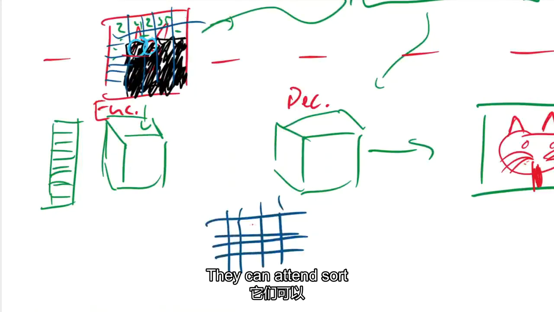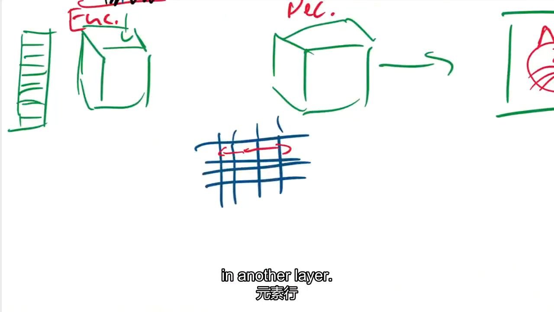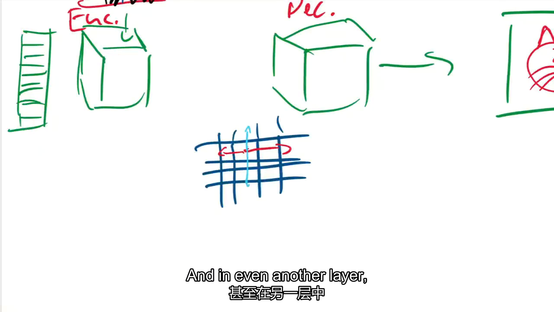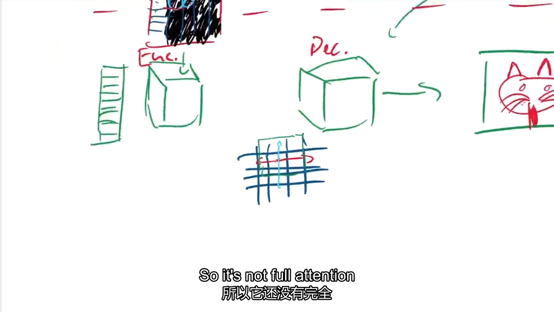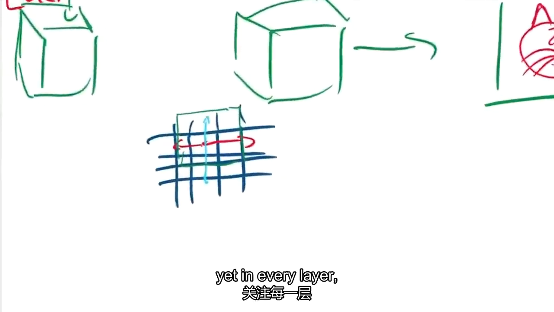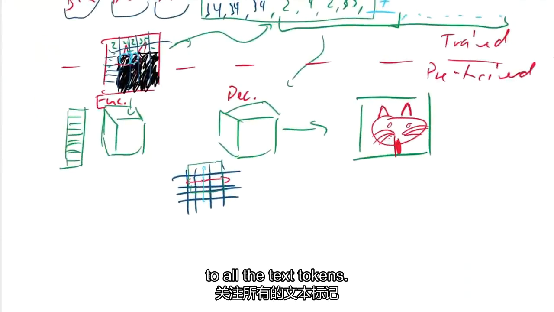In one layer, they can attend to the row of other image elements. In another layer, they can attend to the same column. And in yet another layer, they can attend to the surroundings of them, like a convolution. So they can attend to, let's say, a couple of neighbors right here. So it's not full attention, yet in every layer, every image token can attend to all the text tokens.